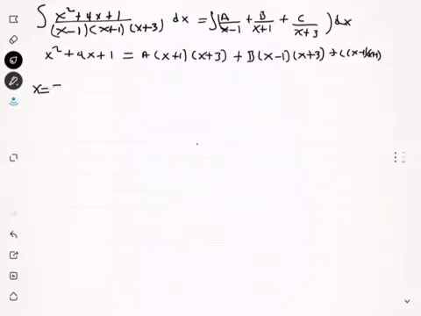X equals 1 is going to give us, on this side, 1 plus 4 plus 1, which is 6, and on the other side 1 plus 1, which is 2, and then 1 plus 3 is 4.